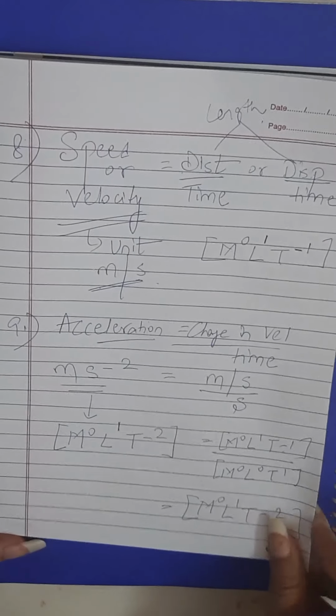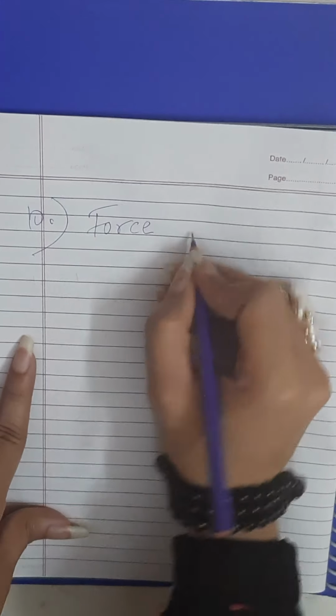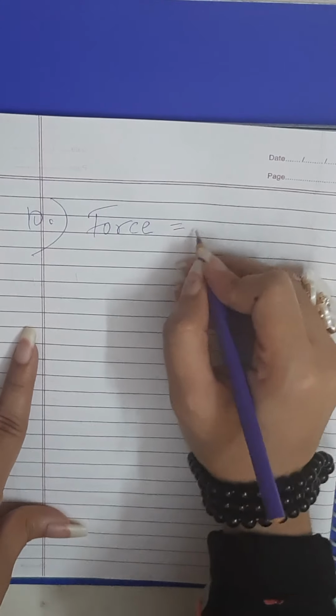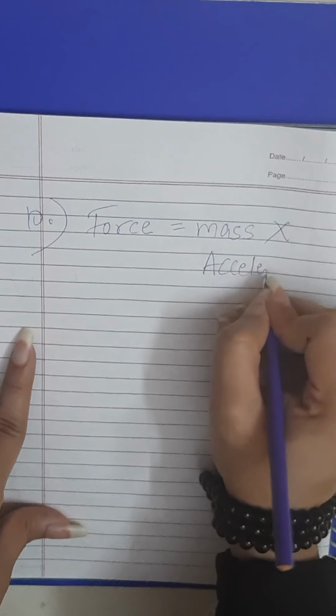So this is how we design dimensional formulas. I'll be discussing one more example. The 10th example that I'll be taking is of force. We all must know that force is mass into acceleration.